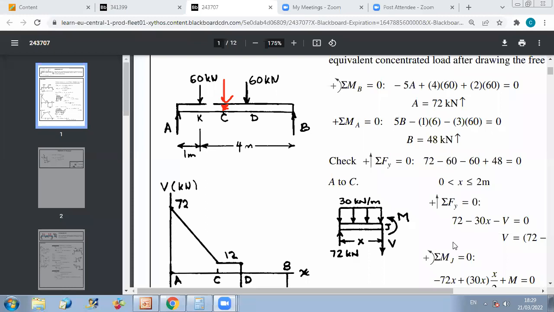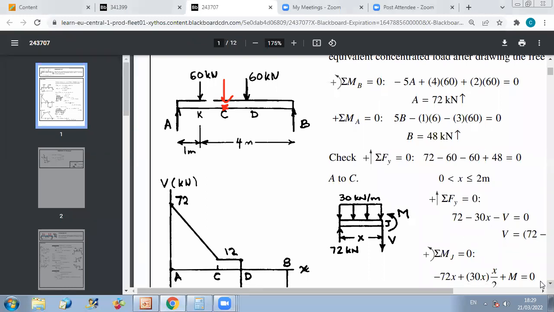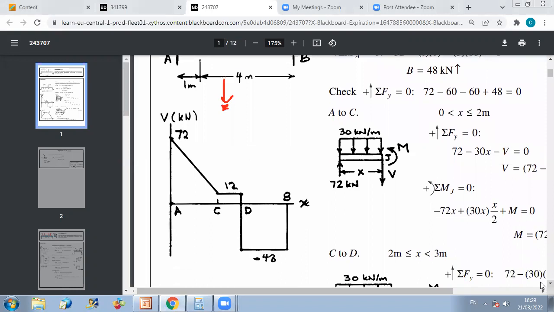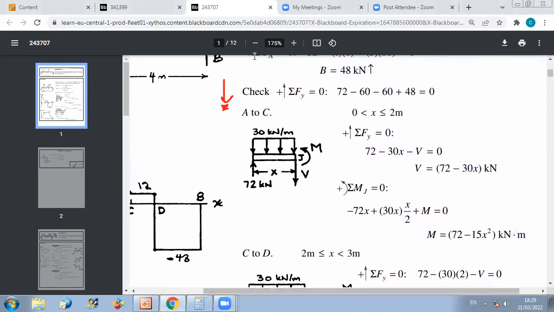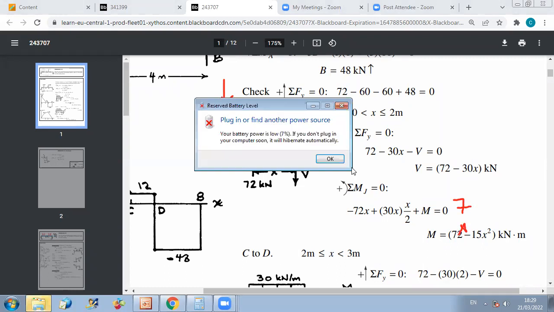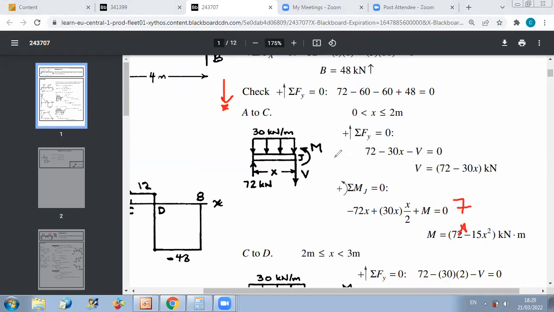If you go back to your previous expression here, when you replace x by 2, you will get 72. Here, don't forget, we have a typing error. We should put here 2. So you have already 72 times 2 minus 15 times 4.